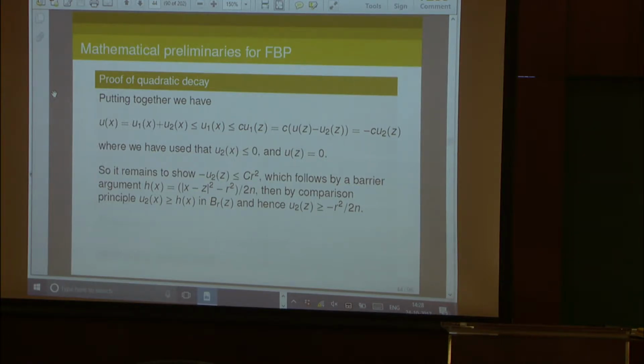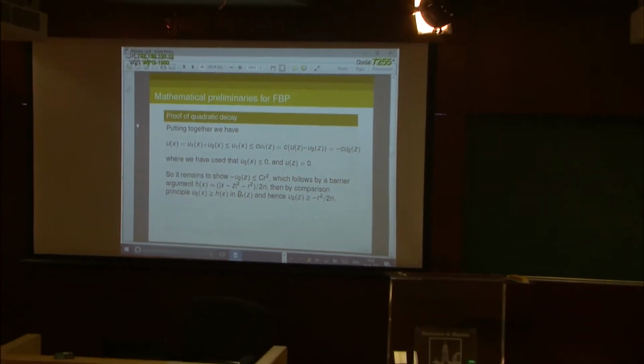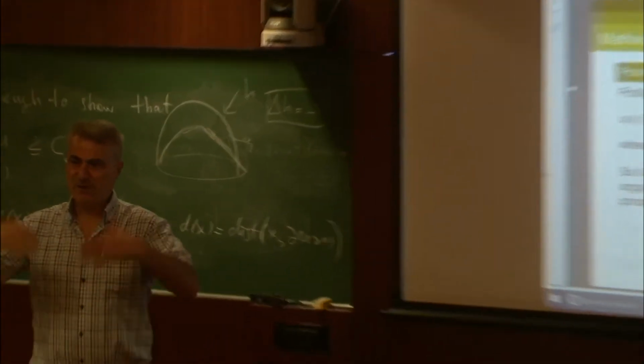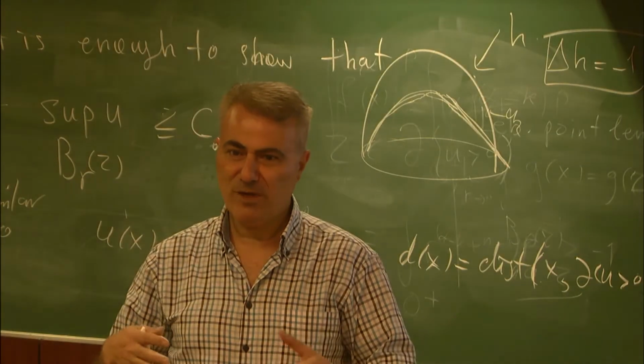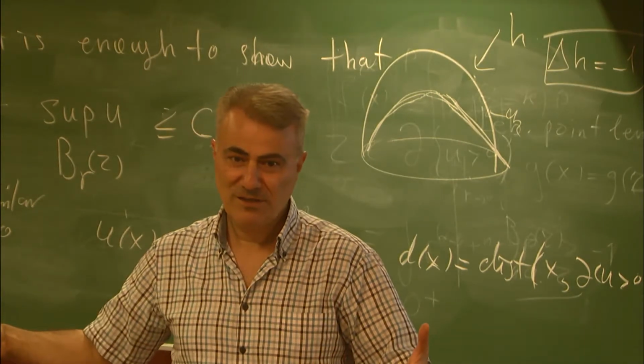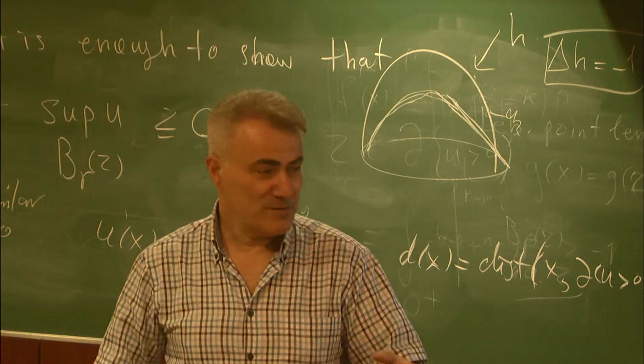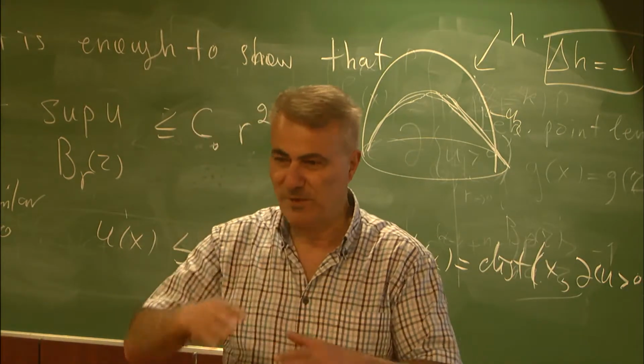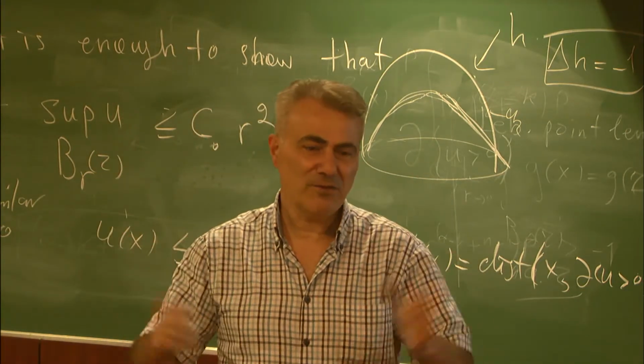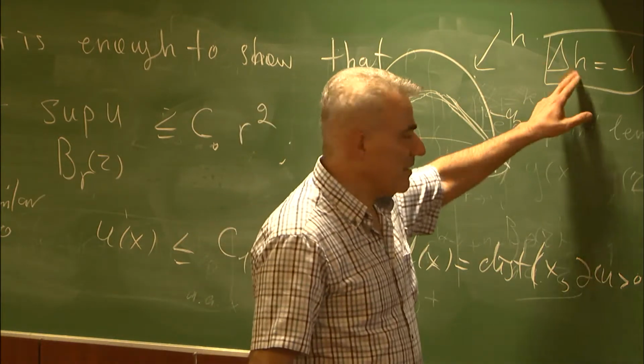And this h has Laplacian of h exactly minus 1. Moreover, the function is larger, because I'm taking minus 1, which is larger than minus the characteristic function. So I'm making the function much larger. This might be very small, but I'm making it extremely large. I don't care, because this function is explicit.